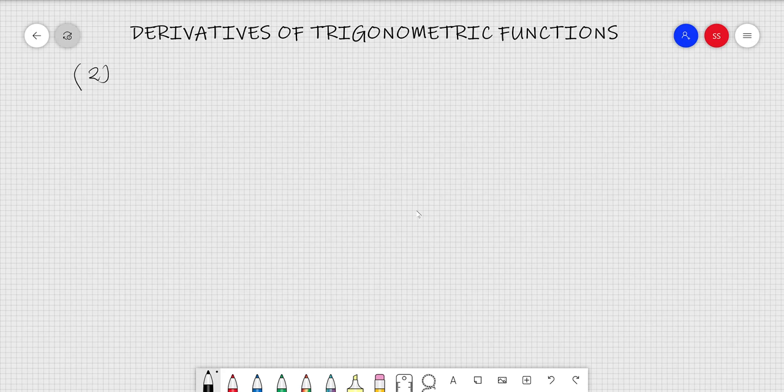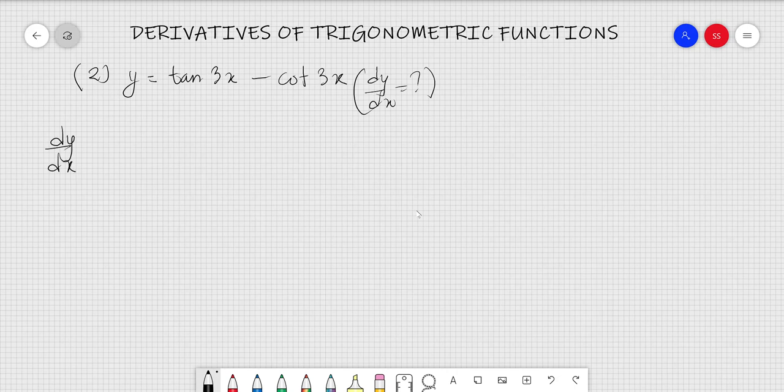Example 2. If y equals tan 3x minus cot 3x, what would be the derivative dy by dx? Now we know from our first video that if we are to find dy by dx for the terms which are in addition or subtraction, we can find the individual derivative of those functions, right?